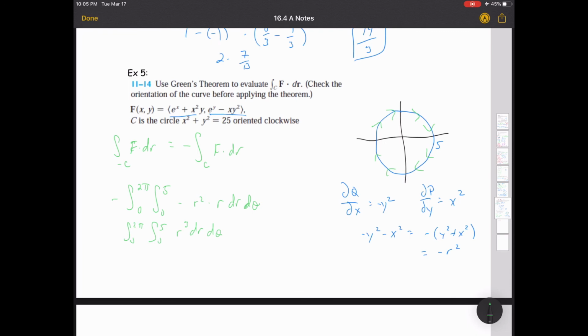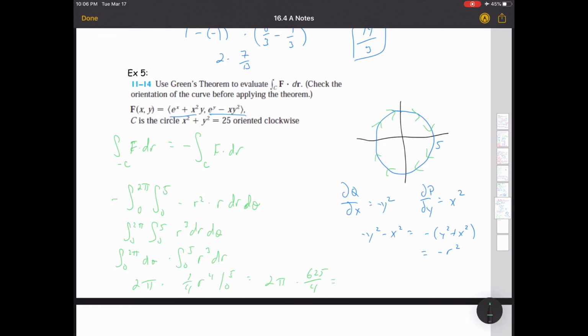Once again, we can go ahead and separate these things. So we're going to have the integral from 0 to 2 pi of d theta, which we know will be 2 pi, times the integral from 0 to 5 of r cubed dr. So we'll get 2 pi there times 1/4 r to the 4th from 0 to 5, which is going to give us 2 pi times, let's see, 5 to the 4th is 625, so that'll be 625 over 4. 0 gives us nothing.